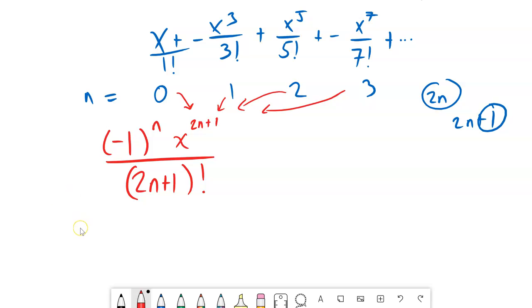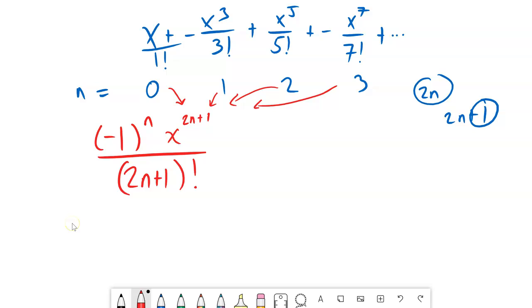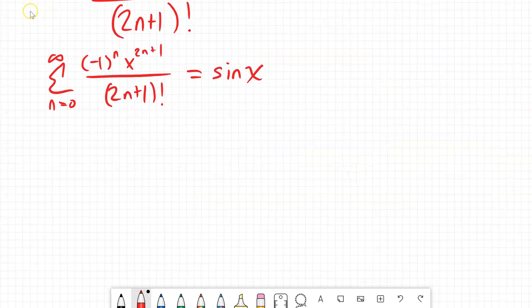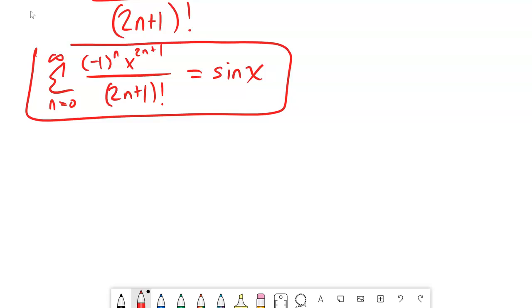And now we want to go back to the infinite series and start putting this in. This is equal to sine of x because we're going to infinity terms. This is exactly equal to sine of x, and what we just found here is an important fact.